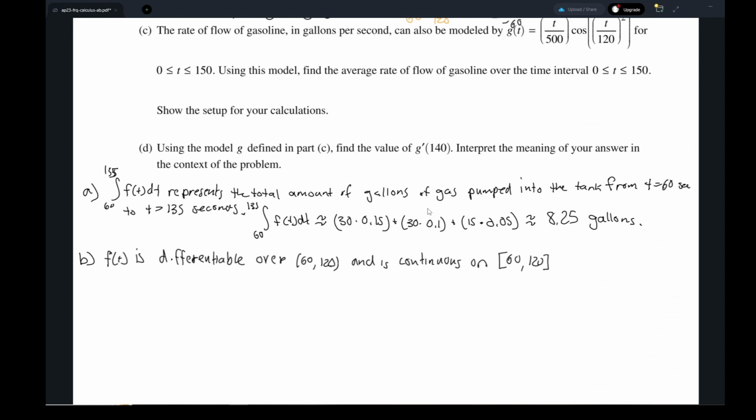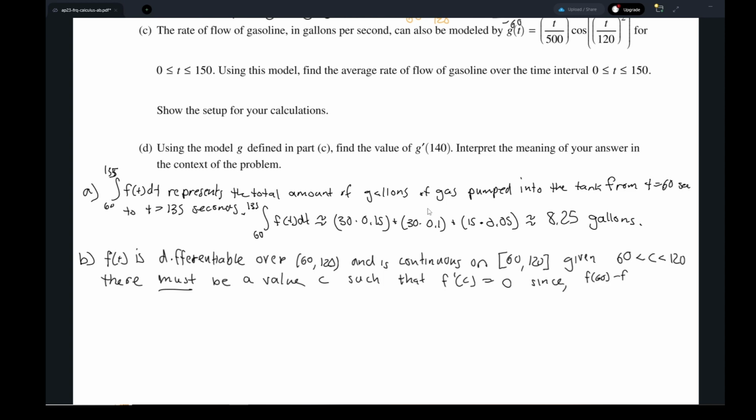Then we need to state that, given 60 is less than C, which is less than 120, there must be a value C such that f prime of C equals 0, since f of 60 minus f of 120 divided by 60 minus 120 is equal to 0.